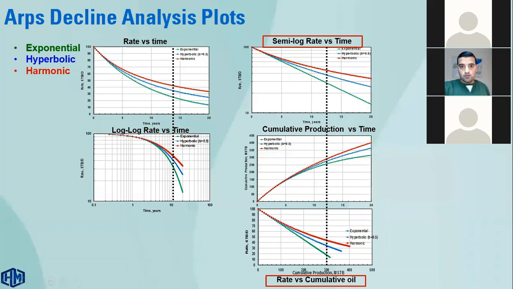It is used by oil and gas companies because it predicts the lowest values. Also, it's simple in calculations, as you can see, because we have a straight line by plotting log q versus time.